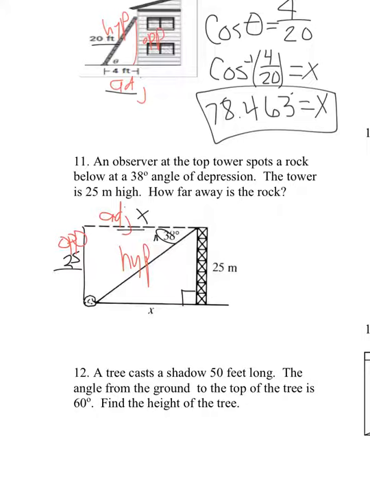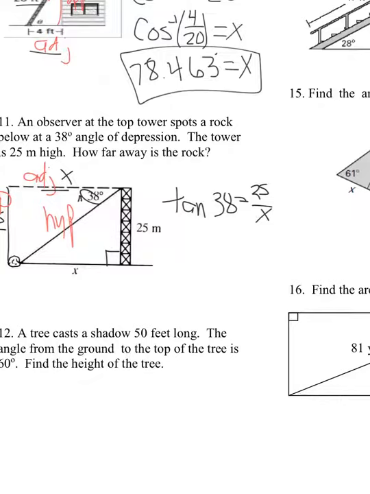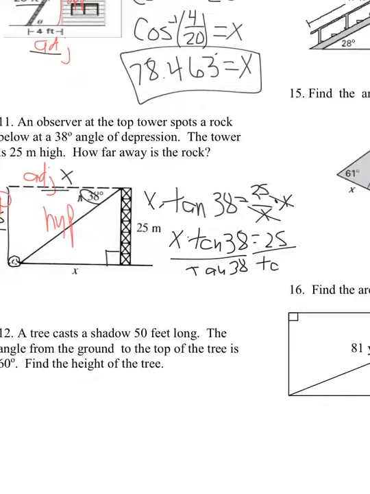Opposite and adjacent give you tangent. Tangent of 38 equals opposite 25 over adjacent x. These take 2 steps, not 1 like most of our problems. Times x to both sides. X times tangent 38 equals 25. That's after step 1. Step 2 is to divide by the tangent of 38.